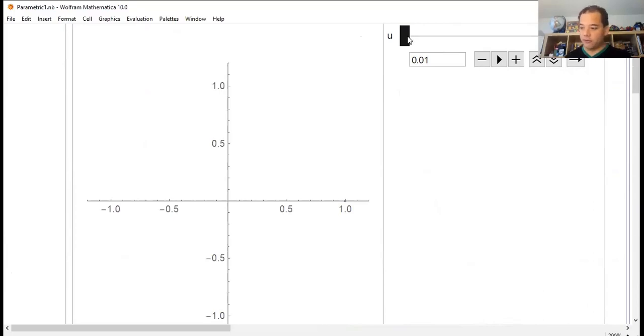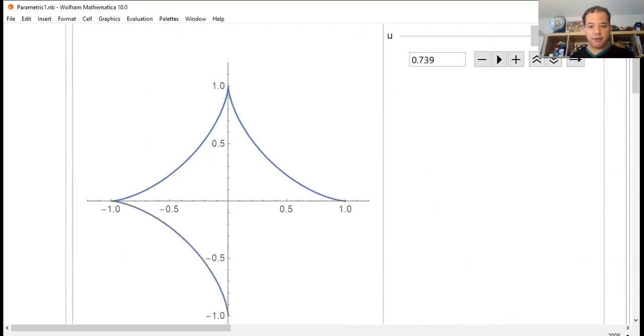As you range from 0 to 2 pi, right here is what happens from 0 to pi over 2. Then here's pi, 3 pi over 2, and last it draws this last part, and it looks like this. And that's a curve we're referring to as an asteroid.